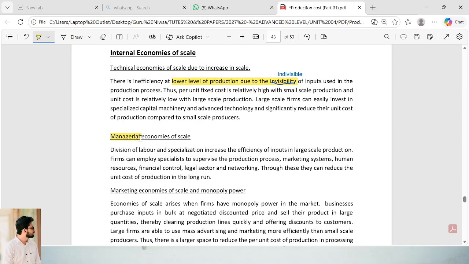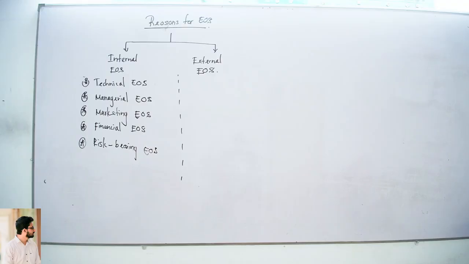Tell me, what are the functions of a business? I mean, what do businesses do? What are the main functions they are engaged with? Can anyone tell me?